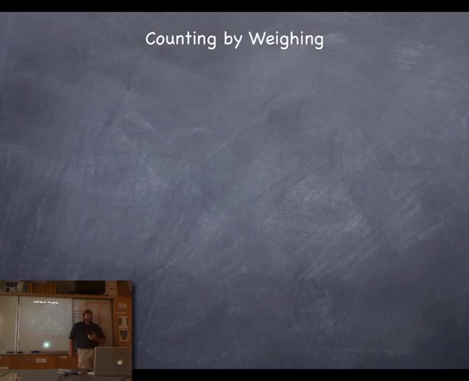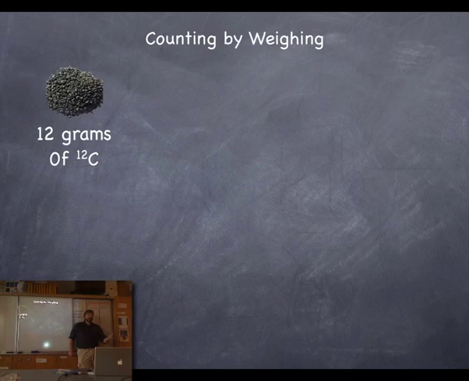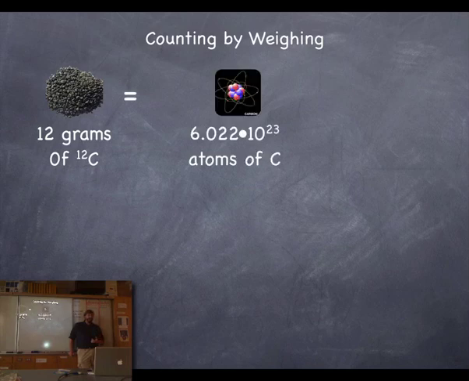So if I have, for instance, 12 grams of carbon-12, and that's the value that I'm going to use and set, I'm going to count how many atoms are in 12 grams of carbon-12, and it turns out to be this really big number: 6.022 times 10 to the 23rd atoms of carbon are in 12 grams of carbon-12.